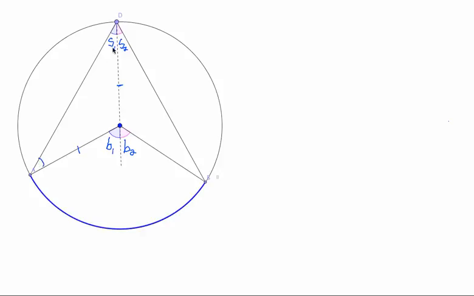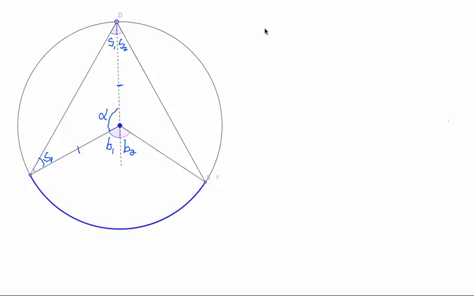We've already called this one up here S1, so this one here must also be S1. Then we've got another angle here which we don't know anything about, so we might call that alpha.